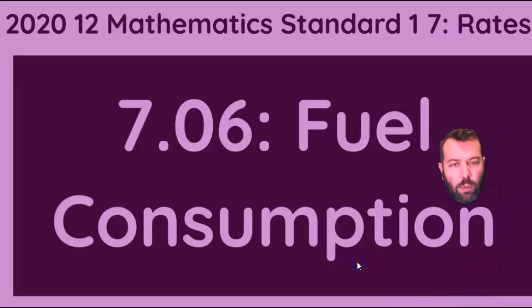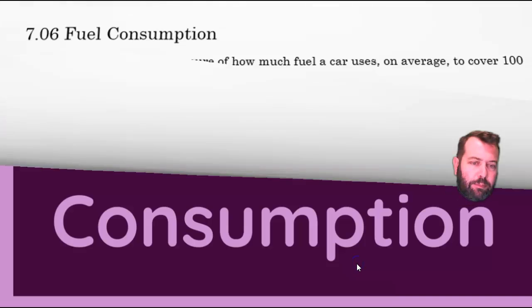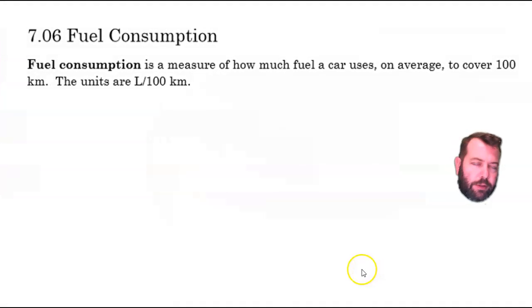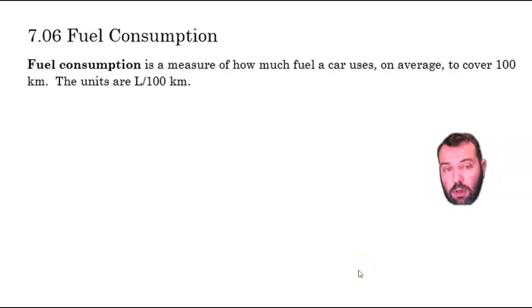Okay, so when we're driving a car, the more we drive, the more fuel we use, I suppose. Now some cars use more than others to travel the same distance. We compare that fuel usage using a rate that is litres per 100 kilometres.